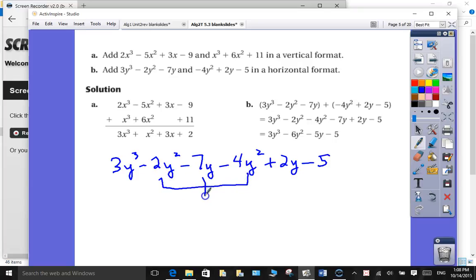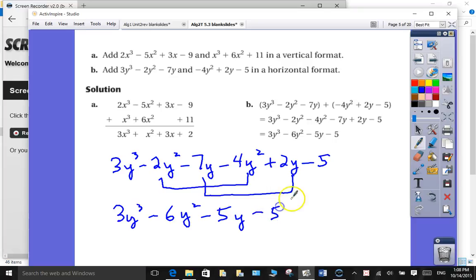These are like terms. And then again, highest degree term to the left, so I write the 3y to the third. And then I combine negative 2y squared minus 4y squared minus 6y squared. Negative 7y plus 2y. And then there's a negative 5 that does not have a like term, so negative 5.